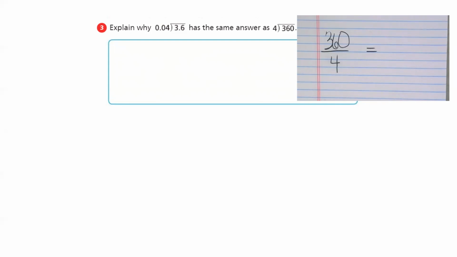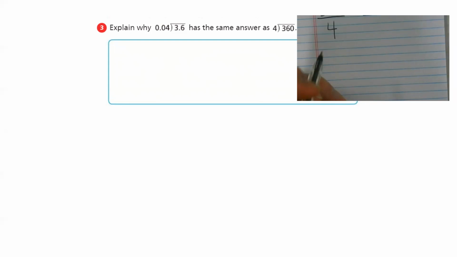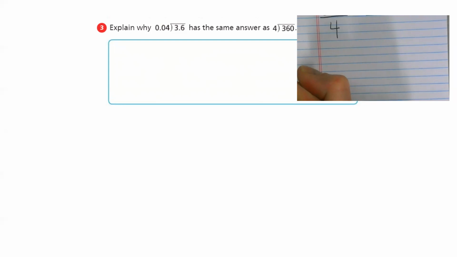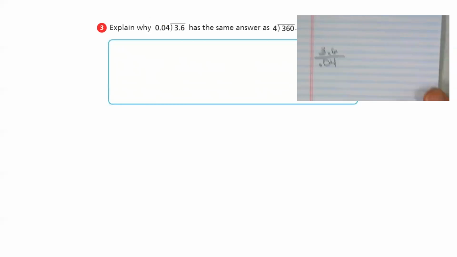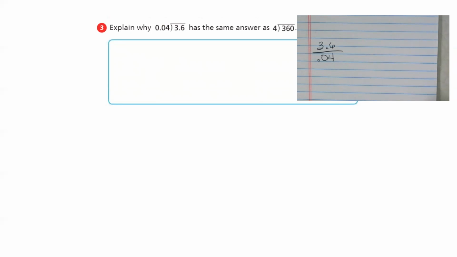So therefore, I guess it'd be easier if I put it this way. 0.04 over 3.6 is also a fraction, because you're trying to see how many 400ths is in 3 and 6/10.